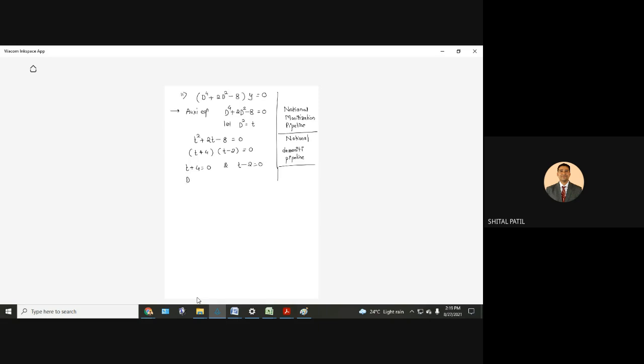But t is d square. So d square plus 4 equal to 0 and d square minus 2 equal to 0. So d square equal to minus 4 and d square equal to 2. So d equal to plus minus 2i, complex roots, and d equal to plus minus root 2. So in all, the roots are minus root 2, plus root 2, 2i, minus 2i.